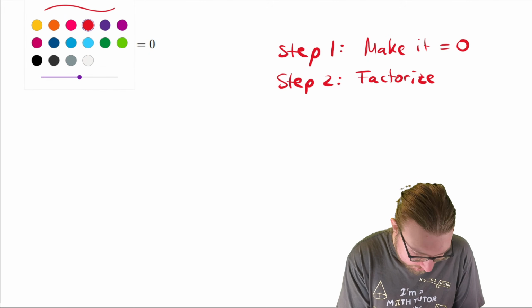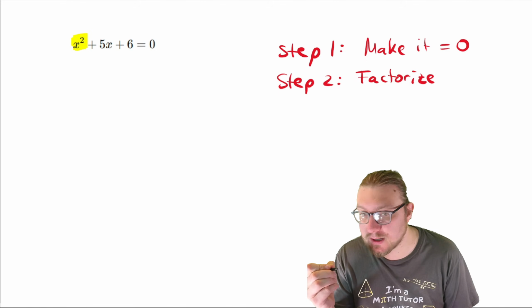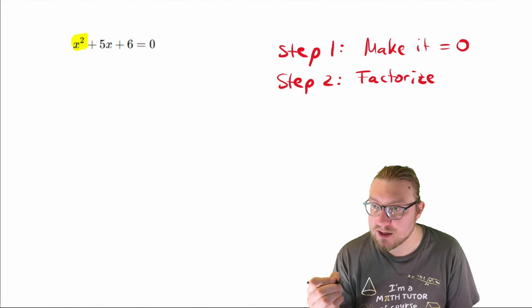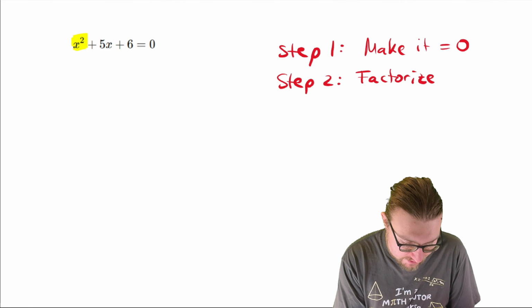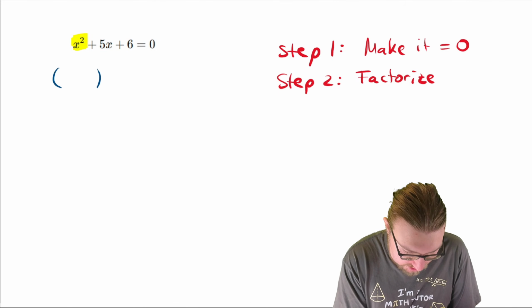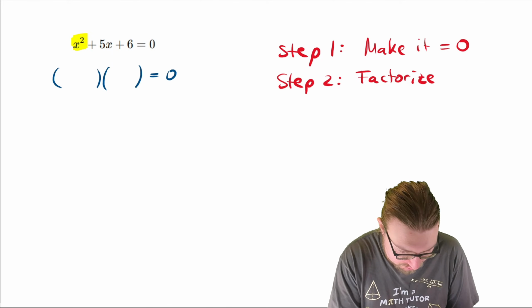So if we're now factorizing the left-hand side over here, we have done a lot of factorizing in our live stream last week. So we see it's a quadratic, it's a standard quadratic with no number in front of the x squared. So we're just going to go straight into brackets. And how do we figure out what the brackets are?